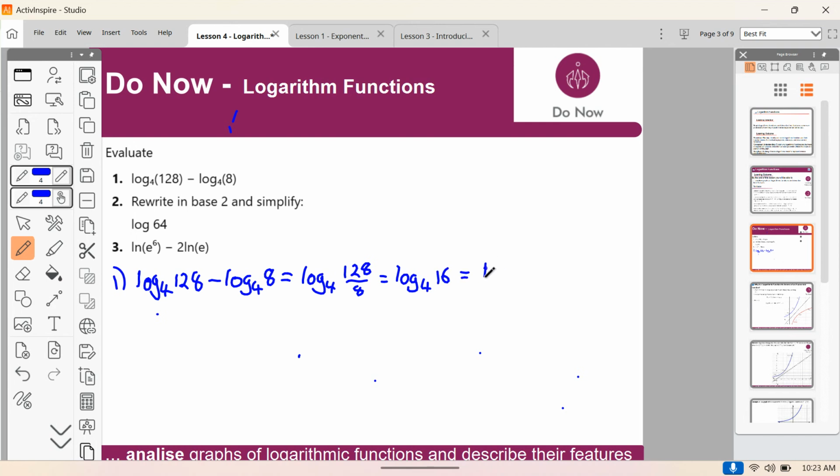So that is log base 4 of 4 squared. So we get 2 log base 4 of 4, which, if you remember, the logarithm in any base of the base is equal to 1.